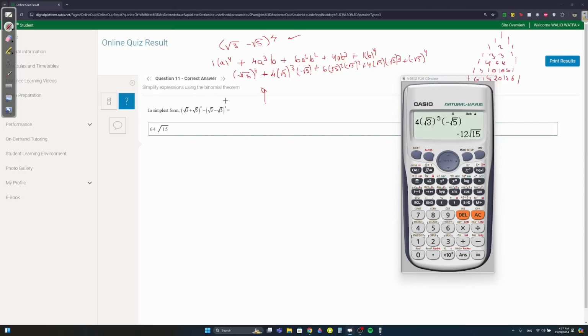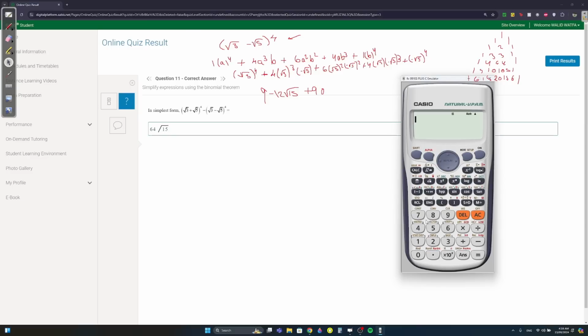Minus 12 radical 15. And this is just 6 times 3 times 5, it should be 90, this one. 6 radical 3 squared times minus radical 5 squared, 90. And then this should just be minus 12 radical 15 again, if I'm not wrong.